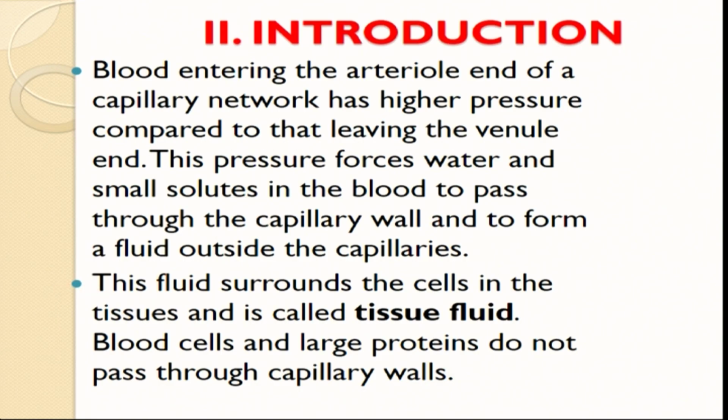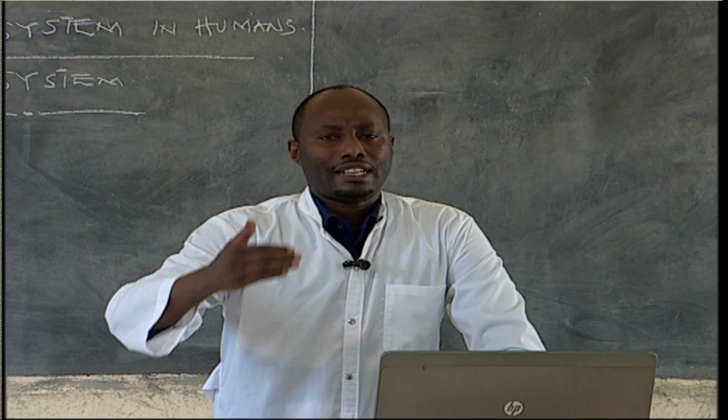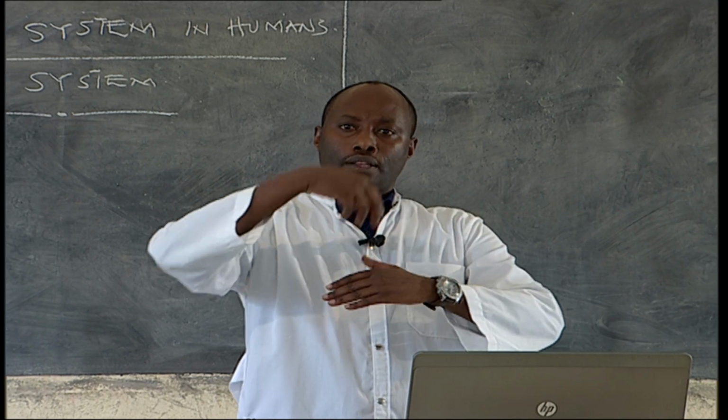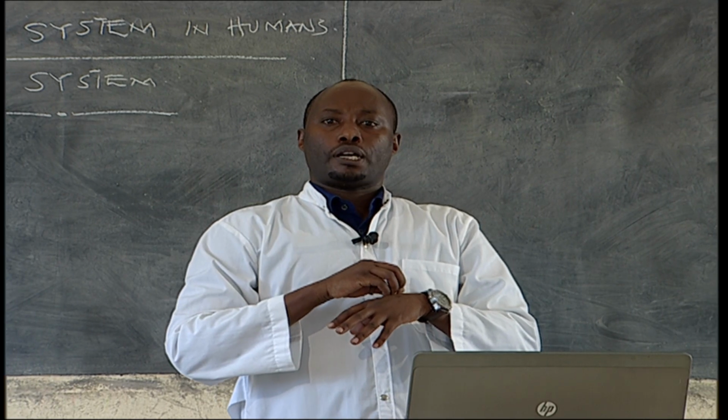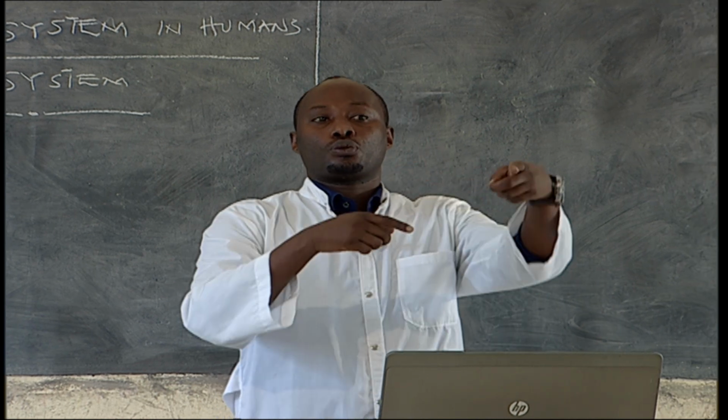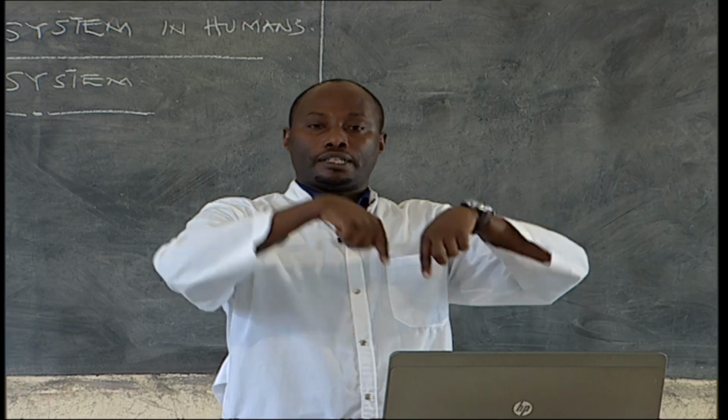So let's go through what I was talking about. The blood enters the arterial end of the capillary network and has higher pressure. That higher pressure forces small molecules through the capillary wall, while those with a large size will not move through. Instead, they are retained inside the capillary.